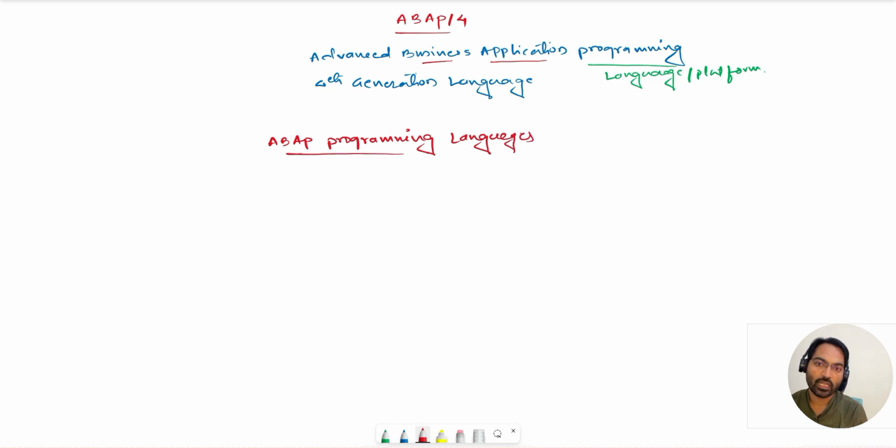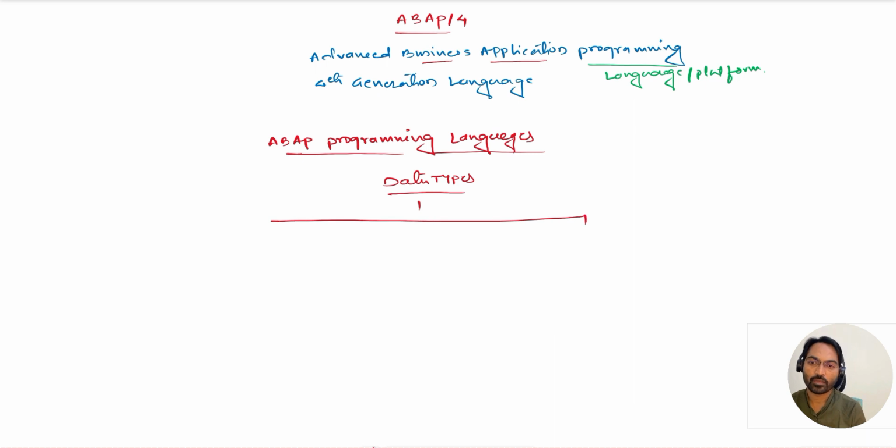In the ABAP programming languages, the most important thing we are going to work with is data types. You need to come across the data types. Now, what are the set of data types we are going to discuss? These are not specific to ABAP. They are common for all programming languages. Now, what set of data types is supported by SAP?